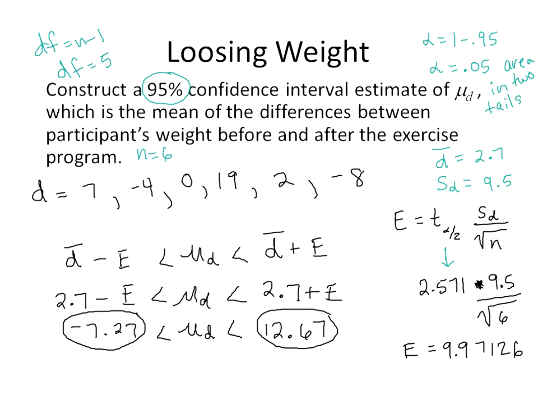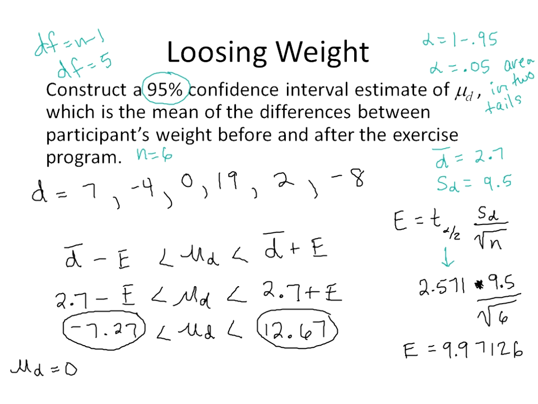So is it possible that 0 is included in this confidence interval? So it is possible, right, that the mean difference can be equal to 0. That is a possibility because it's in the confidence interval. So since it's possible that the mean difference is equal to 0, that means then that there's going to be no change, right, in weight.